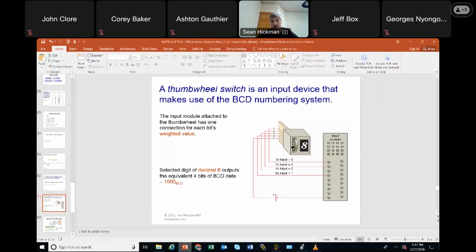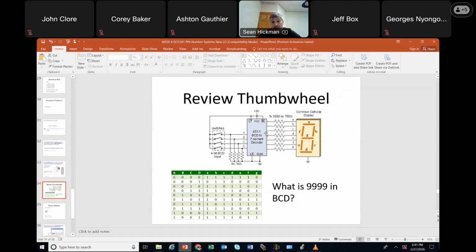When you click this, that first switch generates the BCD number. With the thumb wheel, typically, if you had one that was just hardwired and soldered up with an integrated circuit, you would have a BCD to 7 segment decoder.